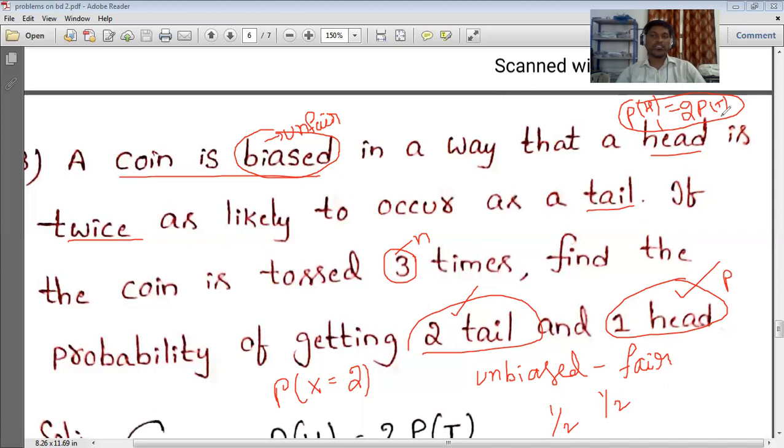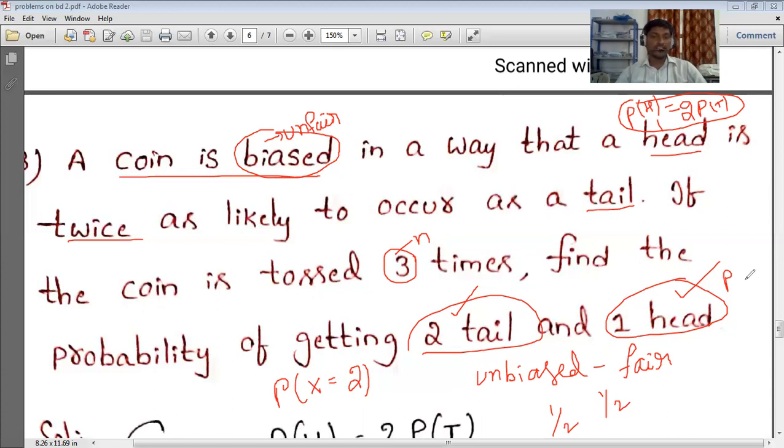So P of T. If the coin is tossed 3 times, so how many times are we tossing a coin? 3 times. So for that n is equal to 3. Find the probability of getting 2 tails and 1 head. So it means we can calculate P of x is equal to 2 and P of x is equal to 1, either this one or this one.